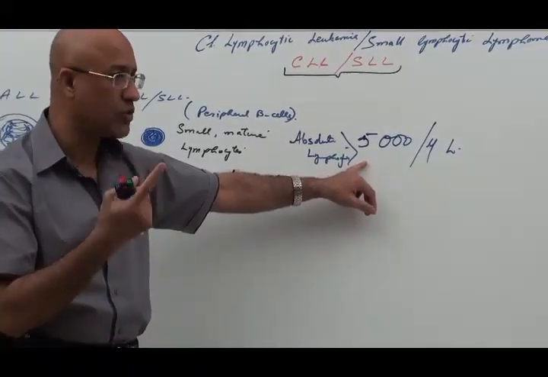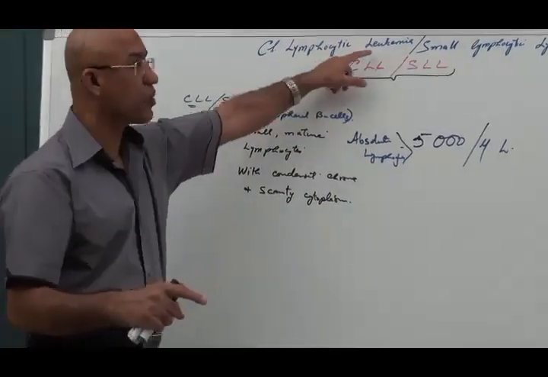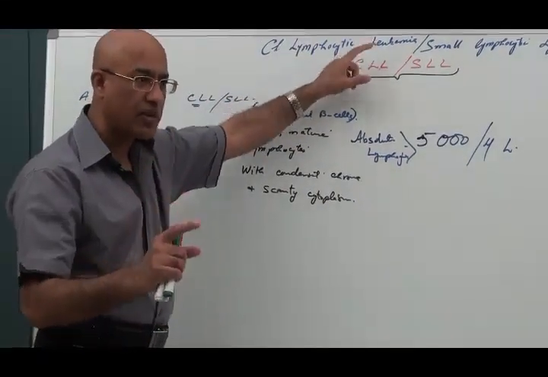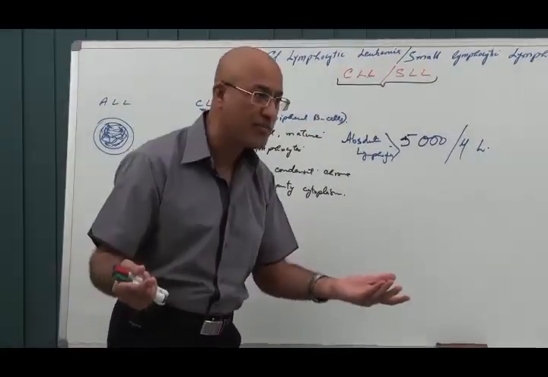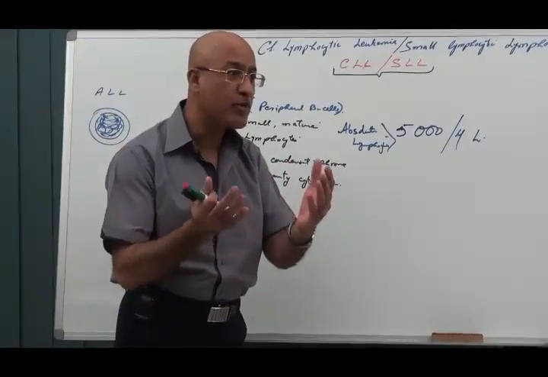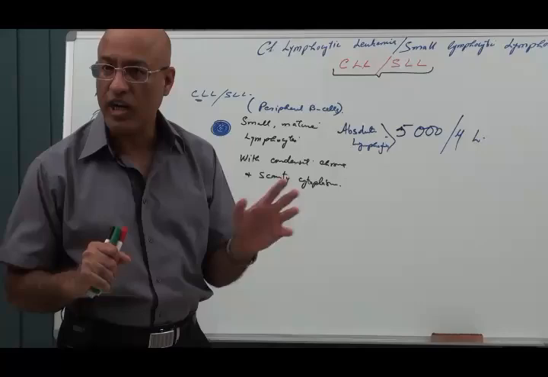For complete diagnosis, we need other parameters also. But what I'm trying to say is, chronic lymphocytic leukemia has heavy infiltration in the blood by the small lymphocytic cells. But how much is really heavy? How much lymphocytosis will make you alert that there is a chance of this disease?